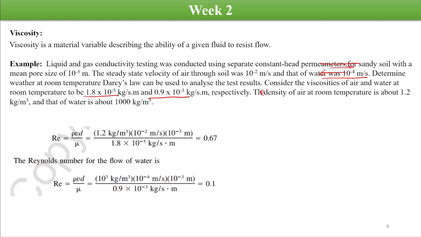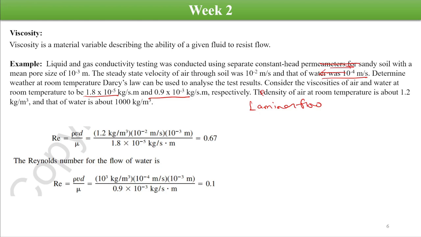Right. So to solve this problem, how do we check whether Darcy's law is valid or not? The condition for checking the validity of Darcy's law is that it is only valid for laminar flow, right? And the laminar flow is determined if the Reynolds number is below 1.